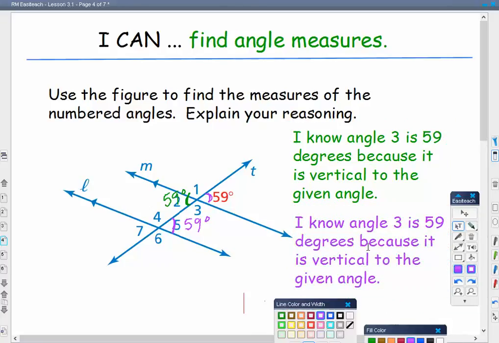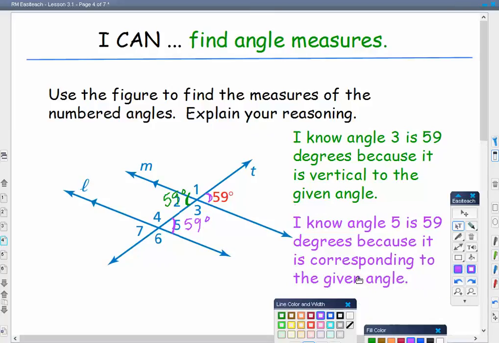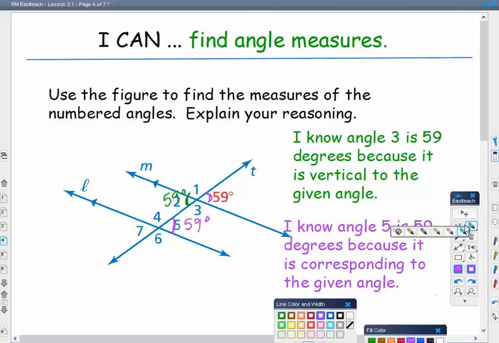Now I'm talking about angle 5. I know angle 5 is 59 degrees because it is corresponding to the given angle. So I know they are corresponding angles to one another. The key really is that explanation. Can you explain your reasoning? So how do I know?